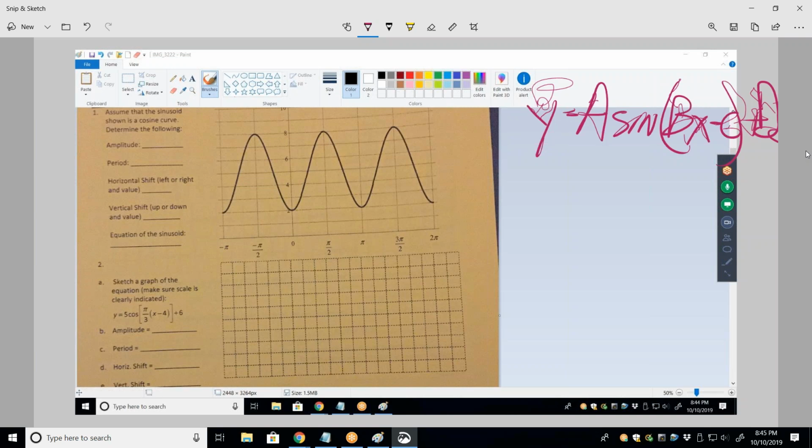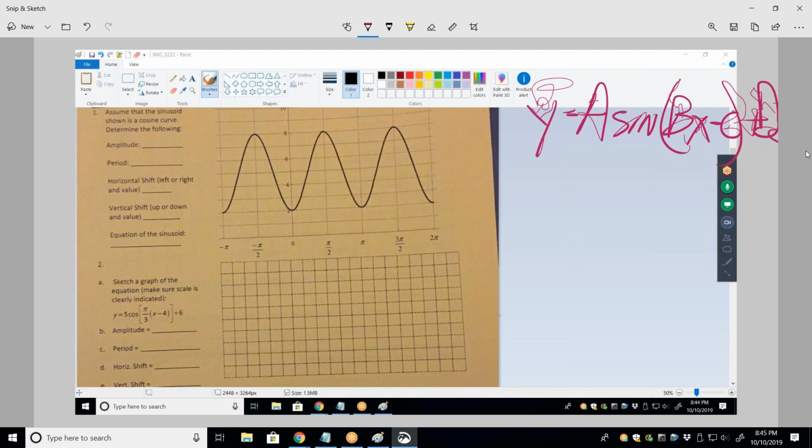Even though it can have a cosine instead of a sine there, it's still called a sinusoid function. And you need to know what your standard is. Do you have something you can look it up, or I don't want you just guessing because it matters. And I'm going to say most school systems have the B outside the parentheses, just because it makes more sense. Okay, that's fine. We'll work with that.